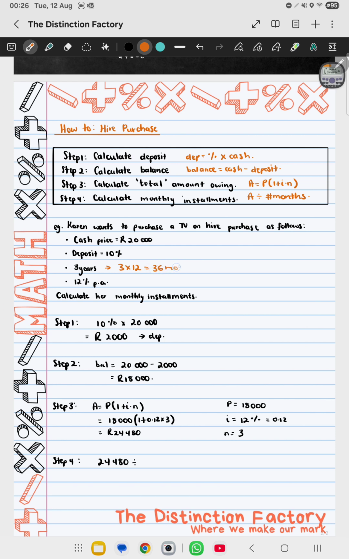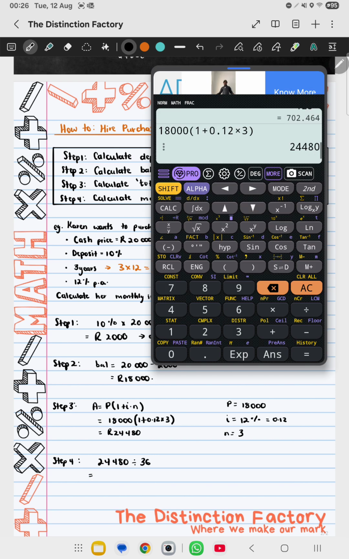So that gives us 36 months. I'll take the 24,480 and divide it by 36. And I get 680 Rand that she will be paying per month until the end of the 36 months.